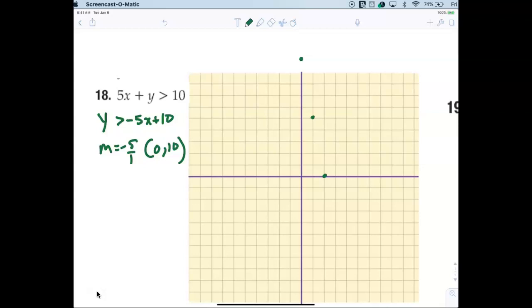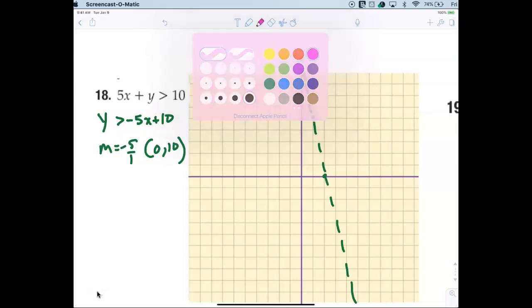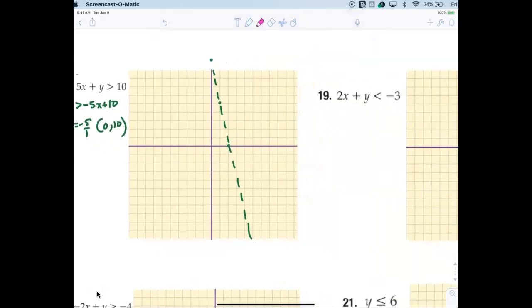And what type of line? Dotted line. Shading above.